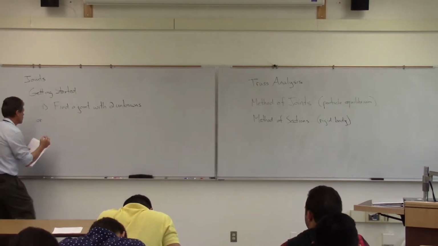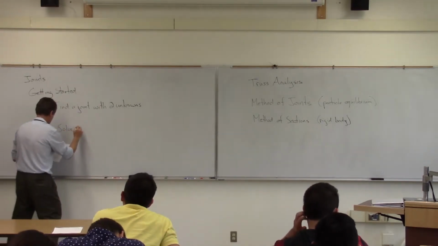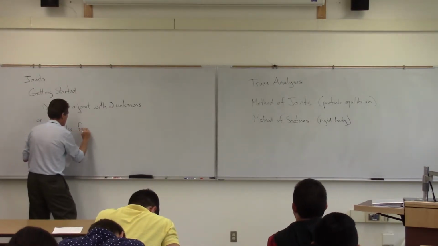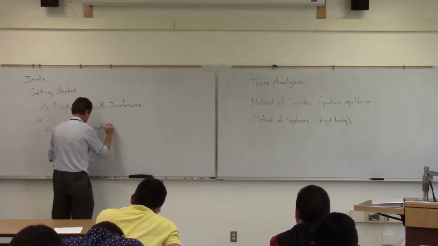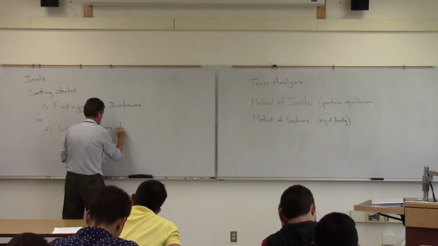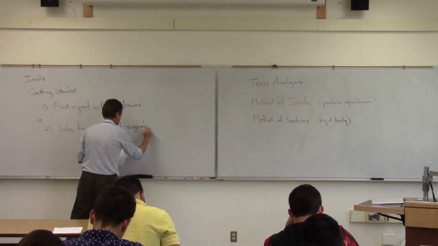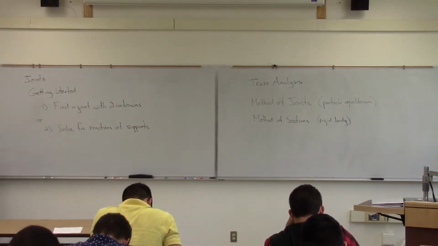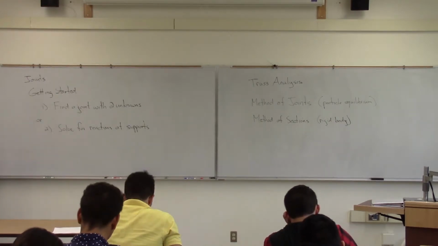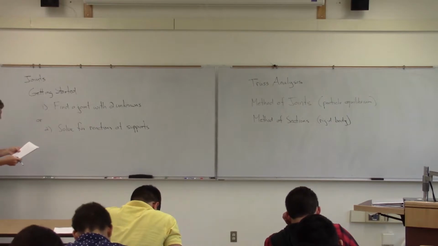So another approach then, we can solve for the reactions at the support. Again, our truss is going to be sitting on abutments or something like that, or pin and rollers and that sort of thing is what we'll see.